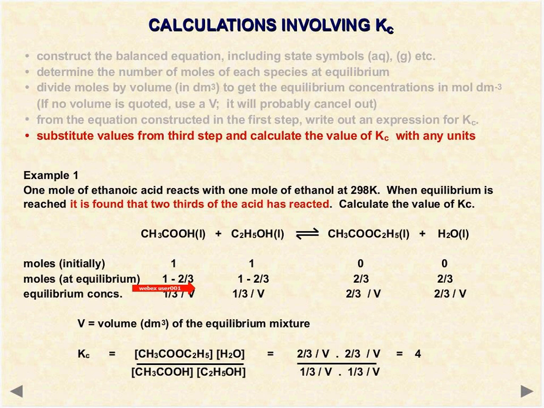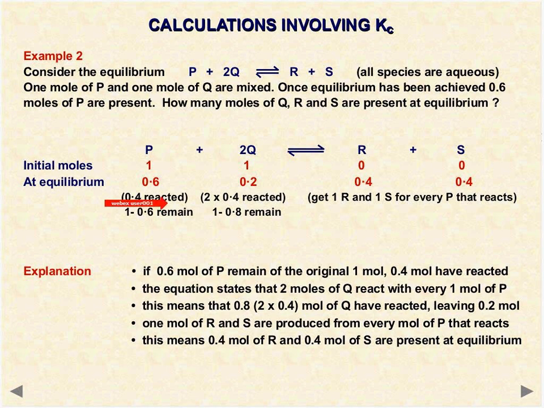So the 0.4 is reacting, and the ratio of P to R is 1 is to 1, I get 0.4 R. The ratio of P and S is 1 is to 1, so I get 0.4 S. Okay? So to write the equation for Kc, then I will actually write it down.